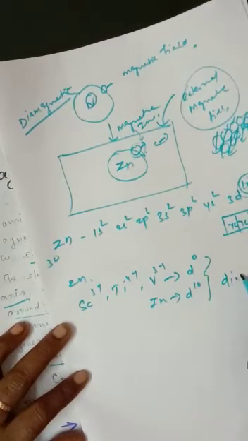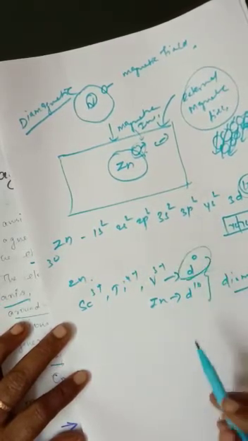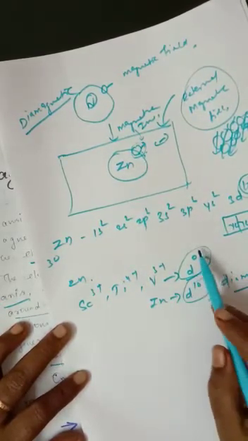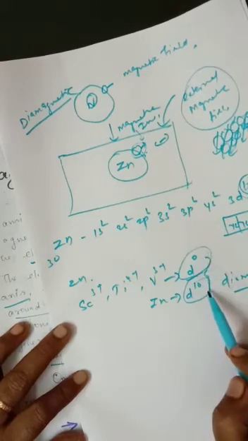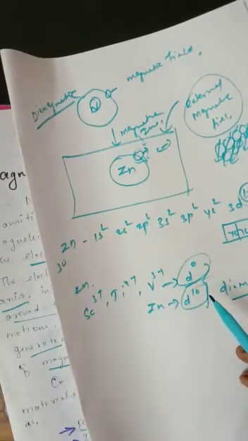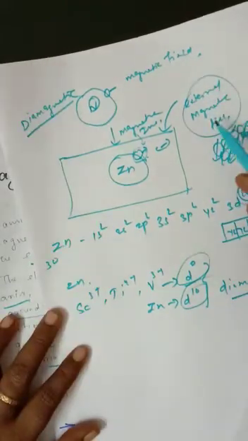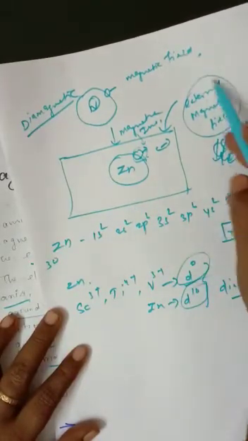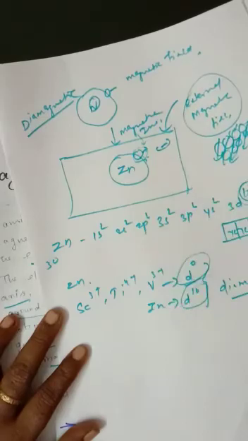These show maximum diamagnetic character because of the completely empty shell or the completely filled shell. There is no unpaired electron present. That is why repulsion takes place between the external magnetic field and the weak field. It is repelled by the external magnetic field. This is what we call diamagnetic nature.